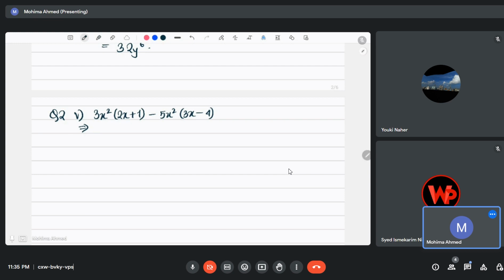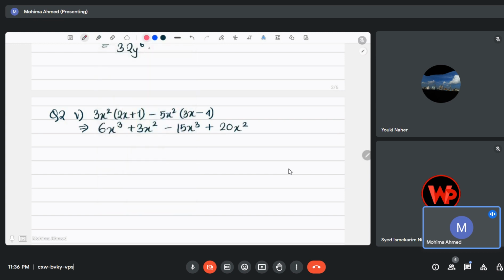Okay, so when you multiply 3x squared with 2x plus 1, you get 6x cubed plus 3x squared. And when you multiply minus 5x squared with 3x minus 4, you get minus 15x cubed and plus 20x squared.